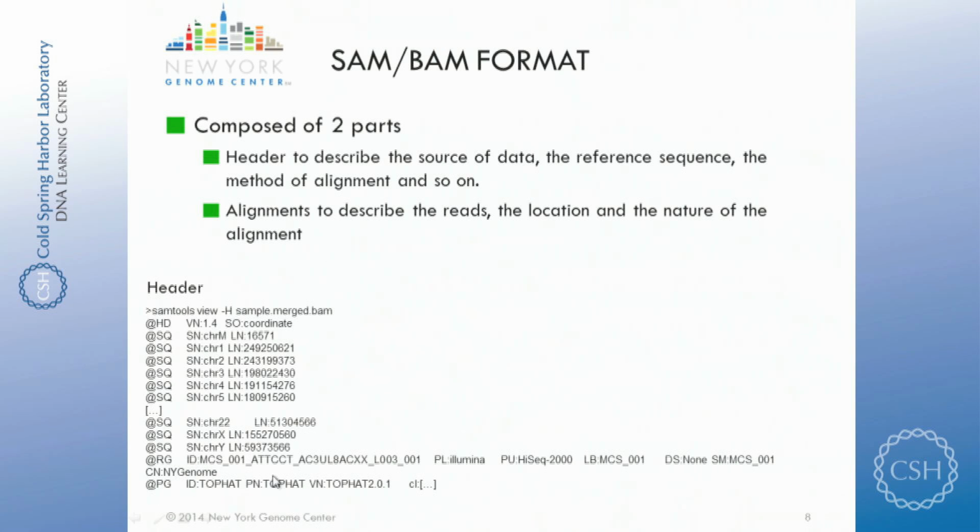So the platform was Illumina, the instrument was a HiSeq 2000. That's the sample, that's the Genome Center here. That's the command line that can be used. And here, I didn't include it because it's very long, but that's the entire command line with all the different parameters. So this is indicated in the header of the file.